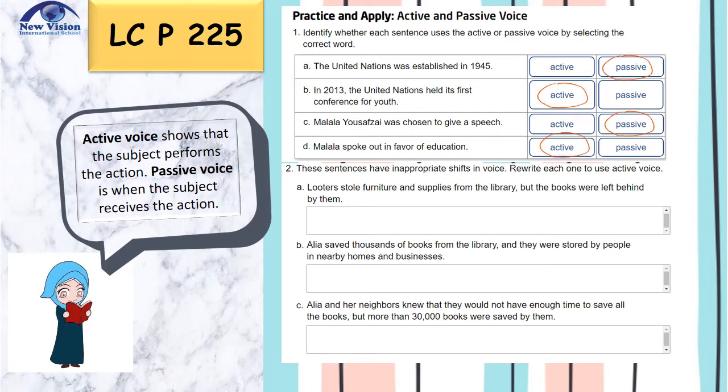Number 2. These sentences have inappropriate shifts in voice. Rewrite each one to use active voice. Take time to answer this sentence. A. Looters stole furniture and supplies from the library, but the books were left behind by them.